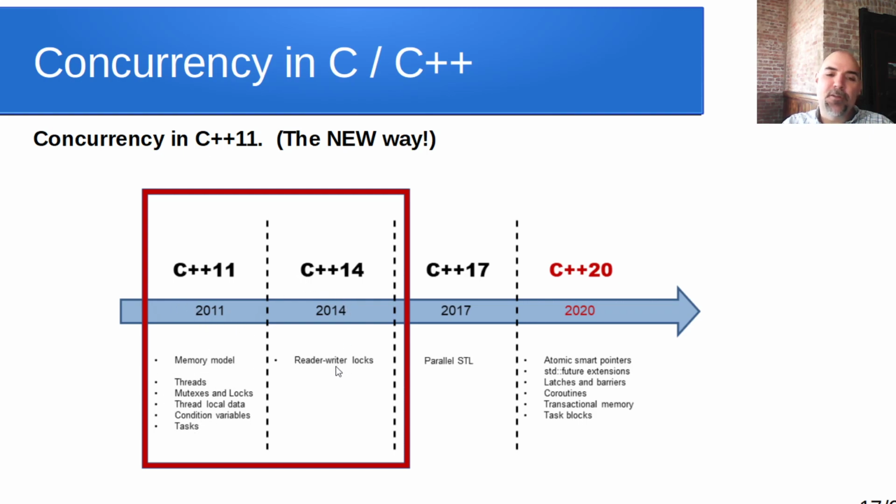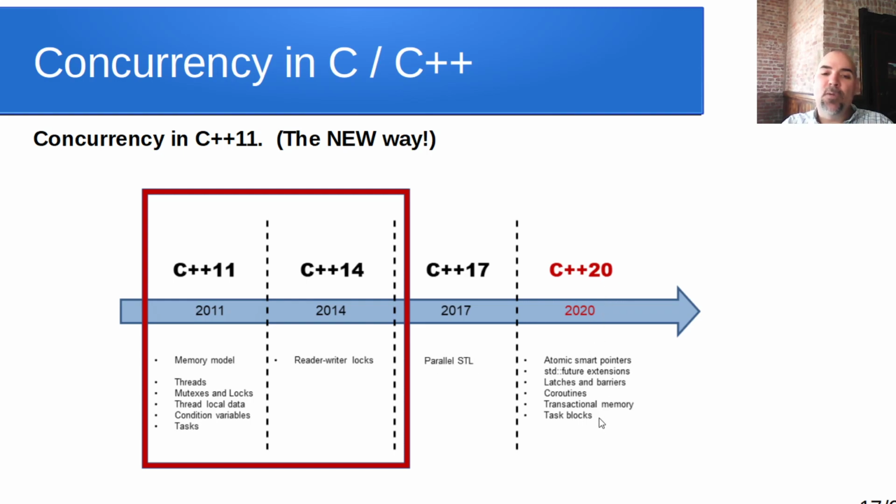In 2014, they added these reader and writer locks, which are a different kind of lock than we had before. Then continuing on into C++17, they added some standard template library things to do parallel algorithms, meaning that you don't have to write all of that yourself. There's some parallel sorting algorithms and searching algorithms that were added in 2017.